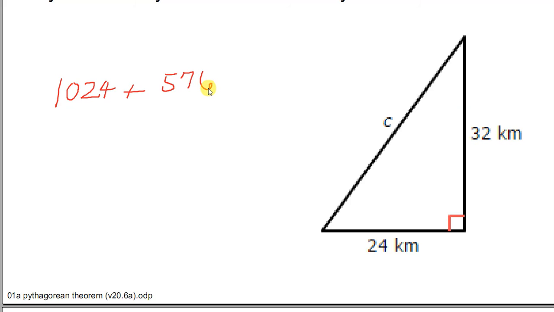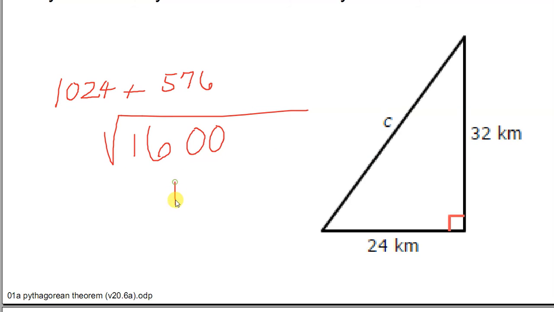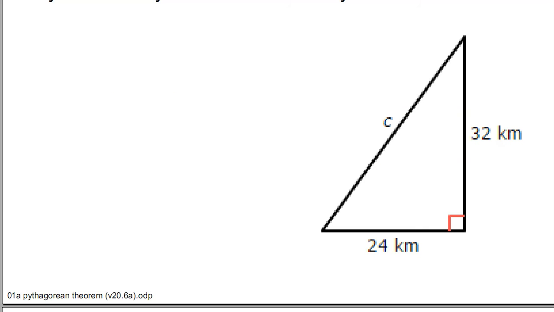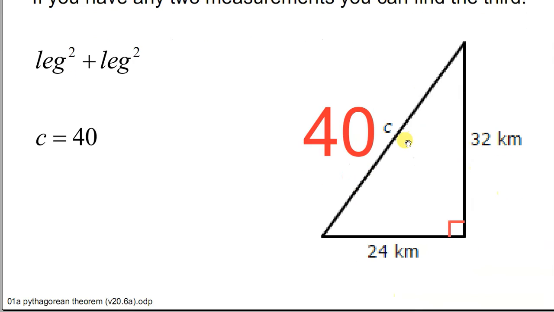Adding those numbers together, I get 1,600. Taking the square root of that, I get, is that 40? That looks good.